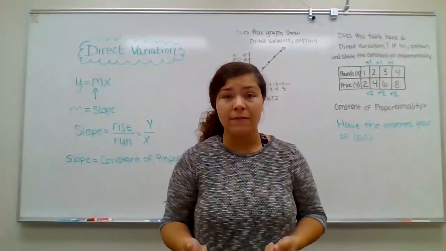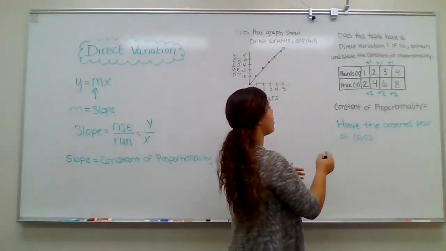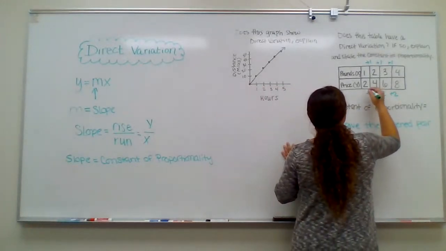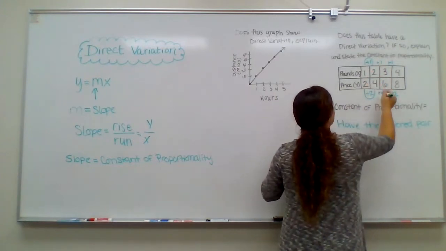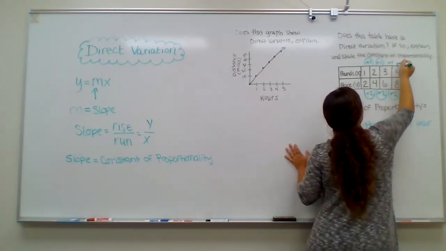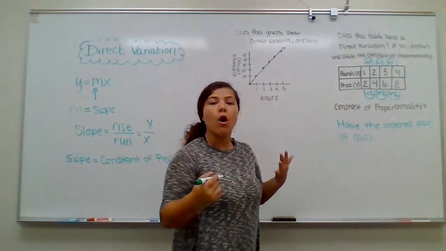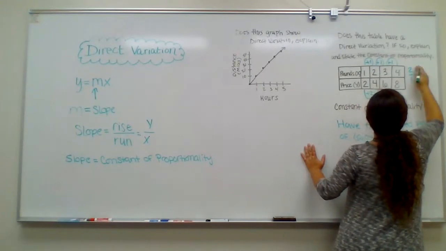So you have to go to the side, think in your head, okay, we have 2 over 1, 2 over 1, 2 over 1. So all those ratios were 2 over 1.